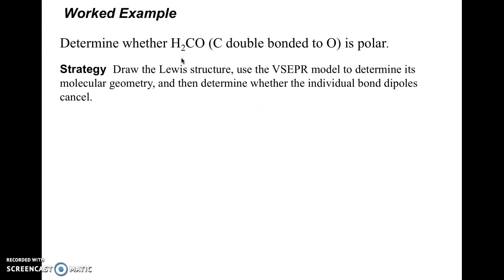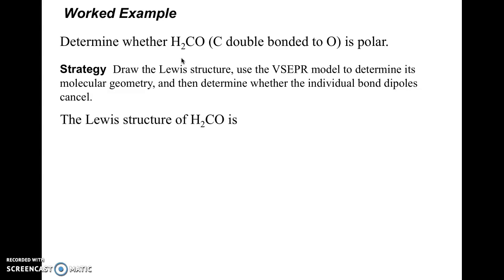However, if we look at something like formaldehyde, which has a double bond, then we go through the same exercise to see if this is a polar molecule. So first we draw the Lewis structure and we see that the carbon is double bonded to the oxygen, plus the oxygen has a couple of lone pairs.